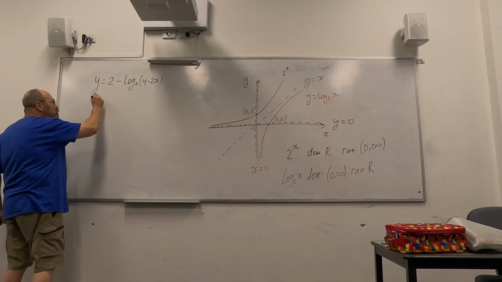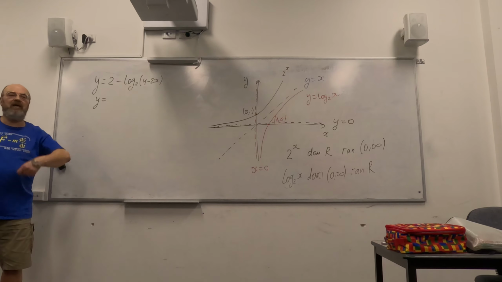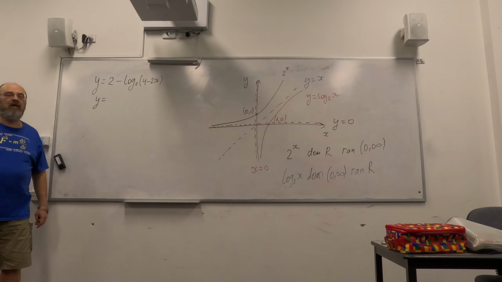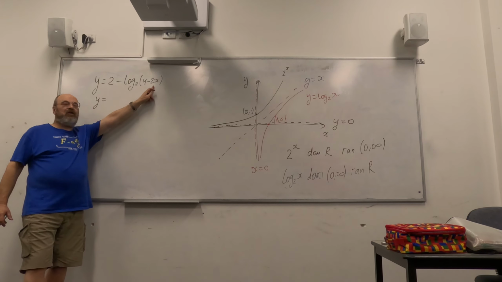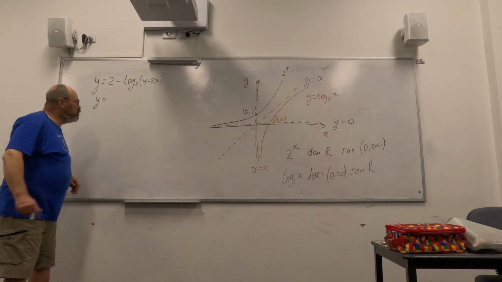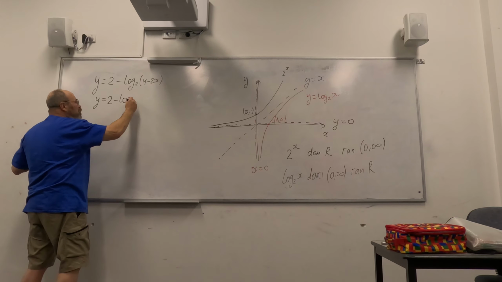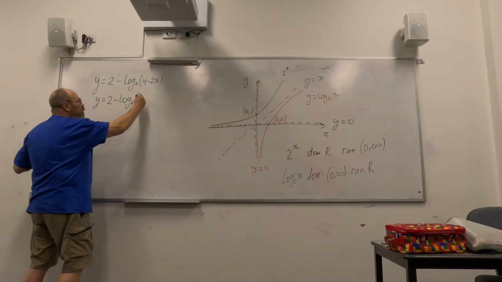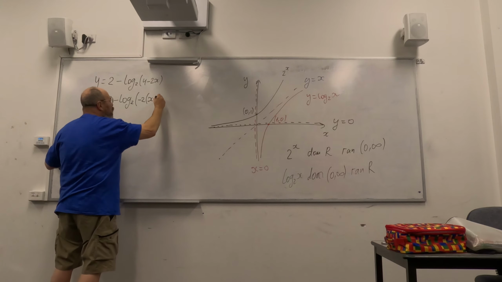What should be the first step before sketching the graph? We need to make the coefficient of x positive 1. So we need to rewrite it as 2 minus log 2 of (x minus 2).